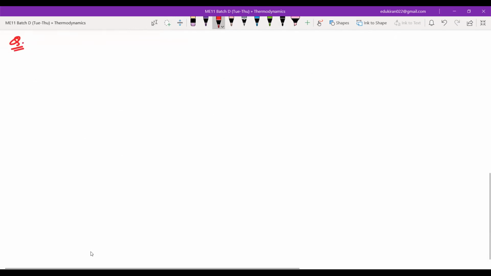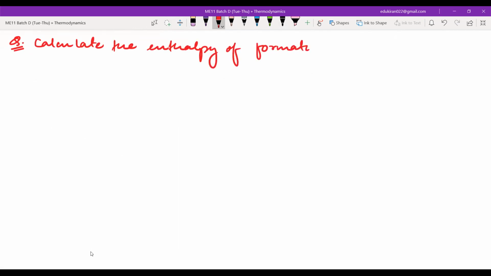So write the question: calculate the enthalpy of formation of ethane from the following data.